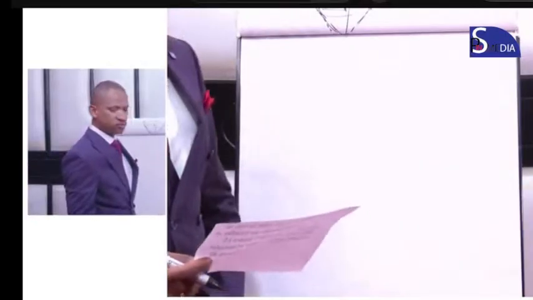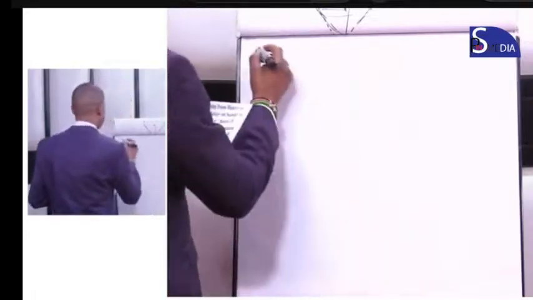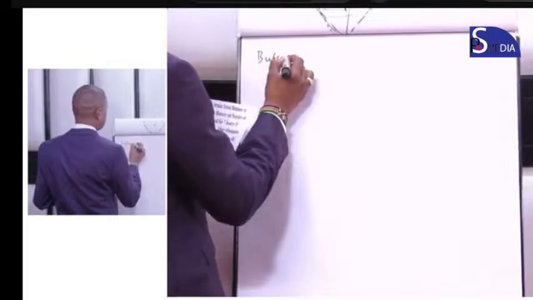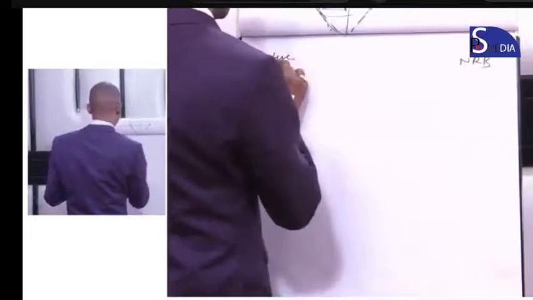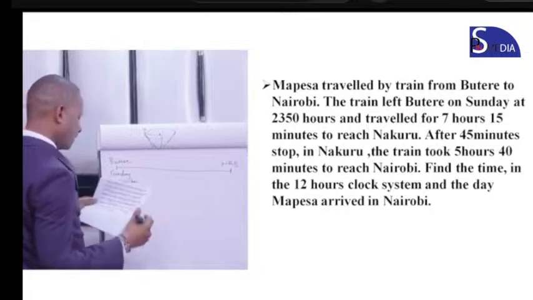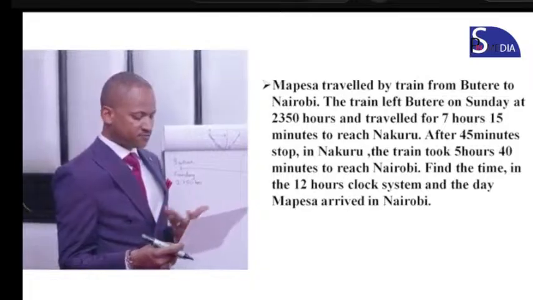A train from Butere to Nairobi. The train left Butere at 23:50 hours and traveled for 7 hours 15 minutes to reach Nakuru, and then stopped for 45 minutes.